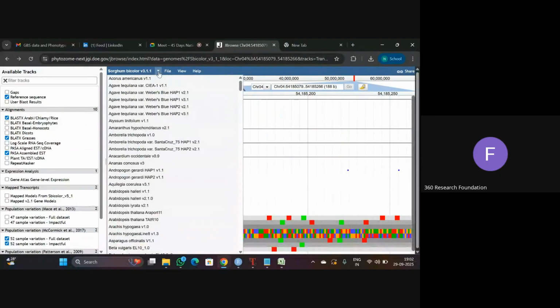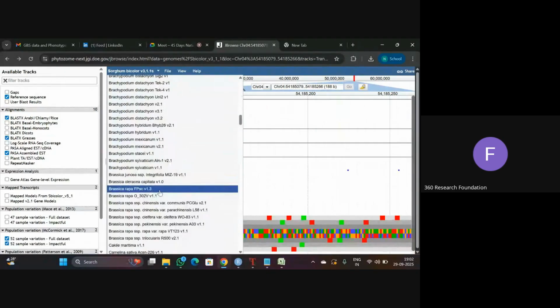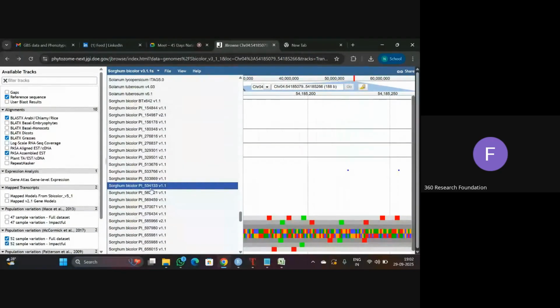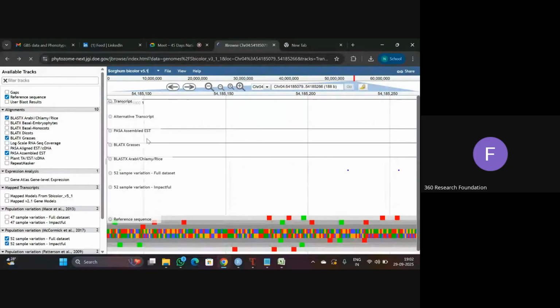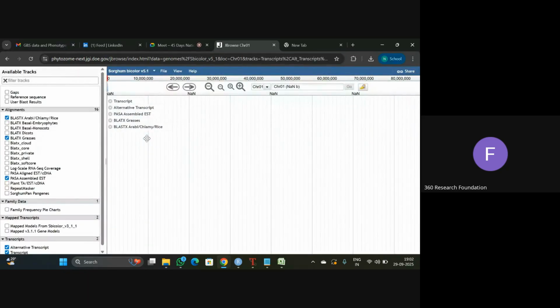Now let's see in sorghum 5.1 whether it is there or not. Where is 5.1? You see the same marker on assembly version 5.1.